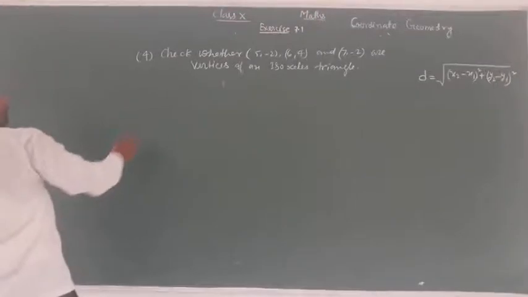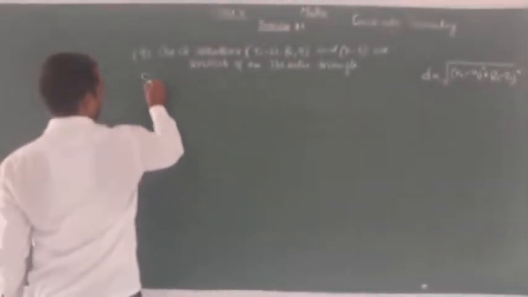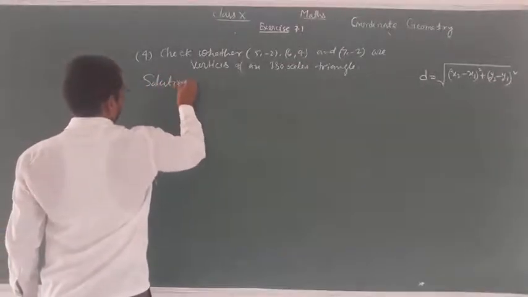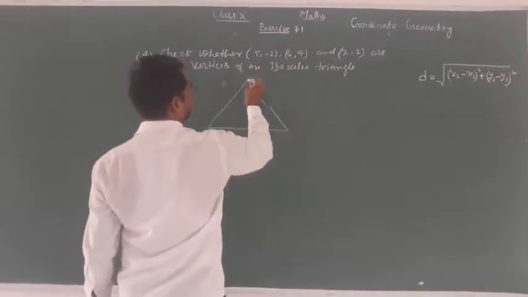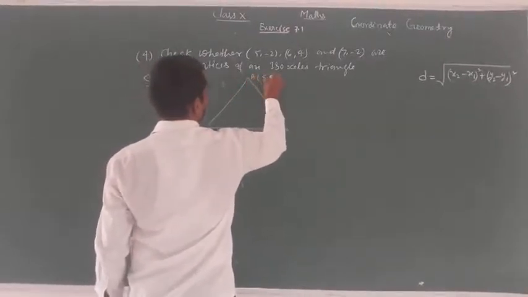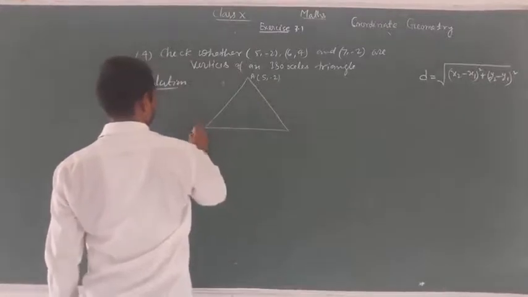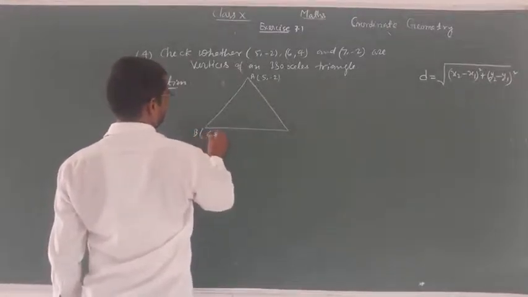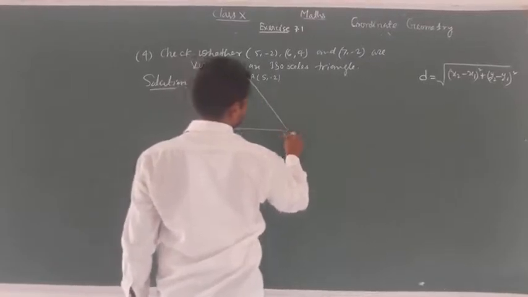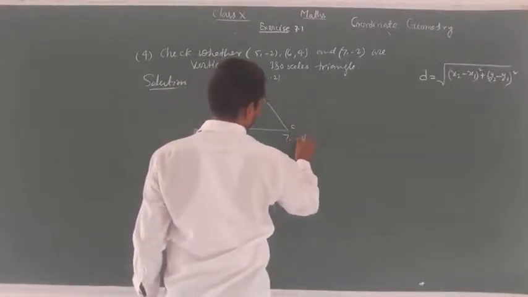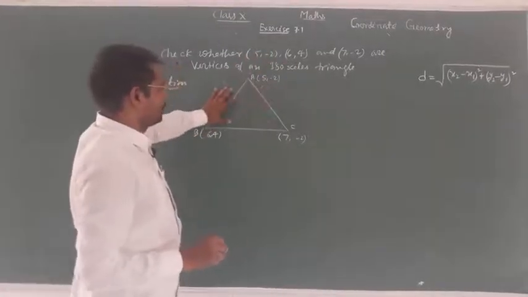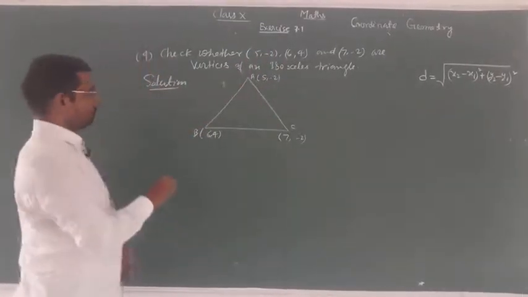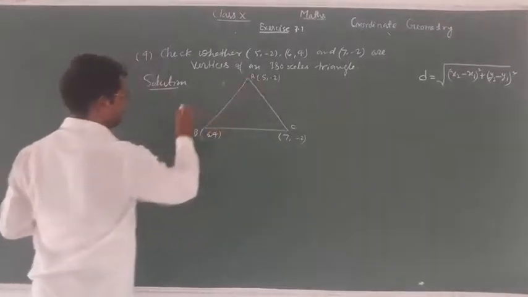Now the solution of this: let point A be (5, -2), point B (6, 4) and C point (7, -2). So this is the triangle of vertices. So now we find the distance of AB.